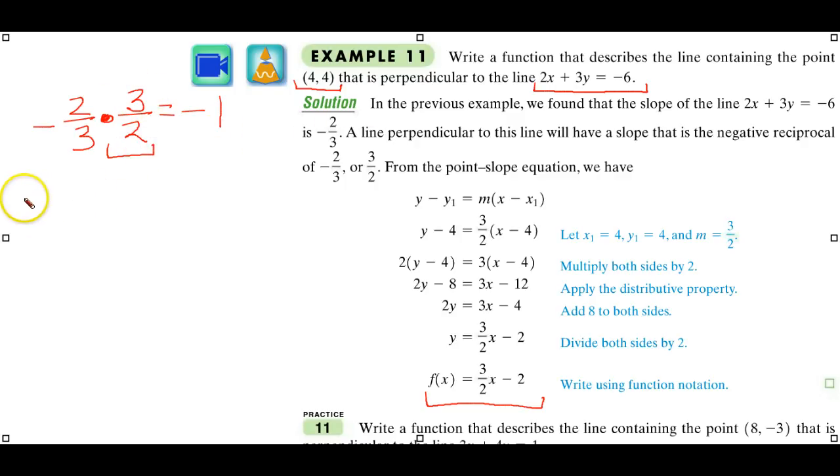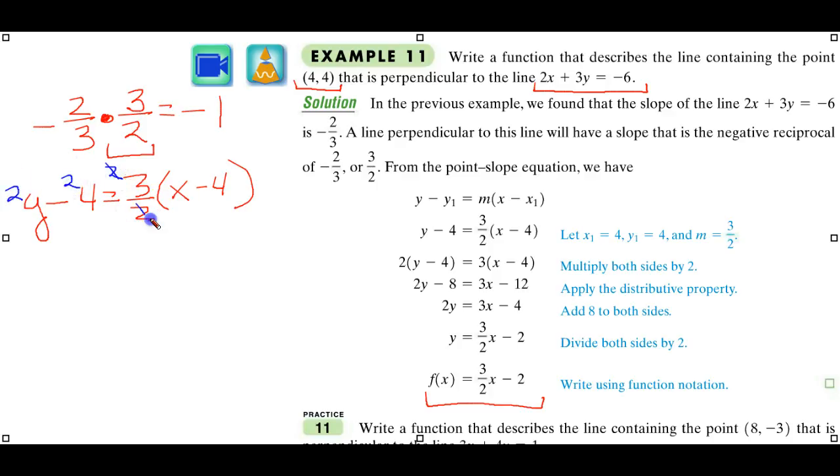So let's put that in the point slope form. Y minus 4 equals 3/2 now times x minus 4. So once again, we want to get rid of the fractions by multiplying this time everything by 2.